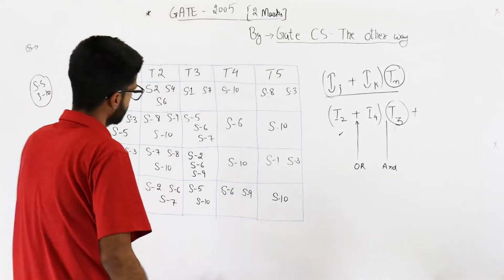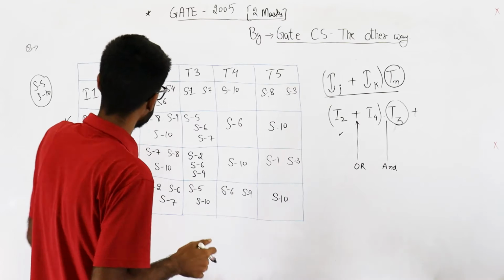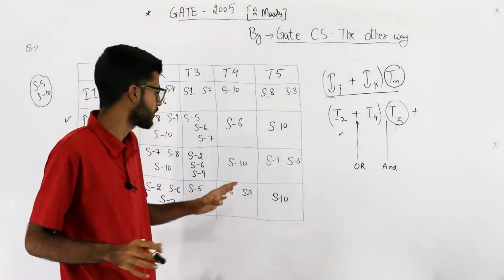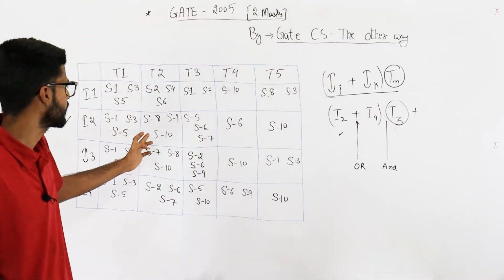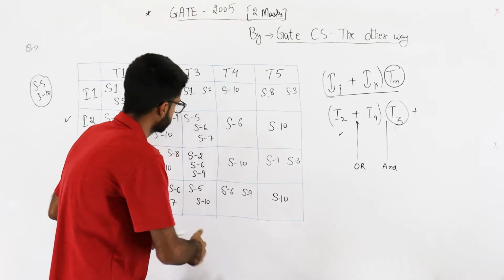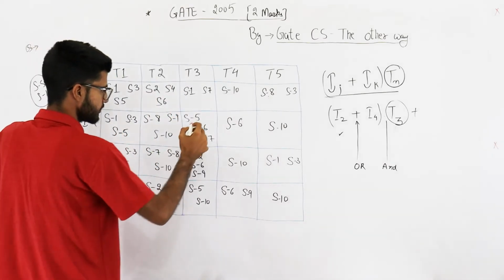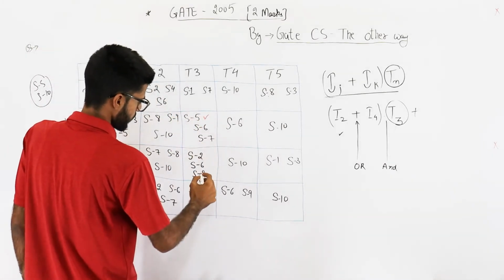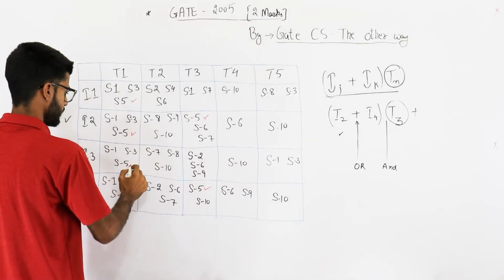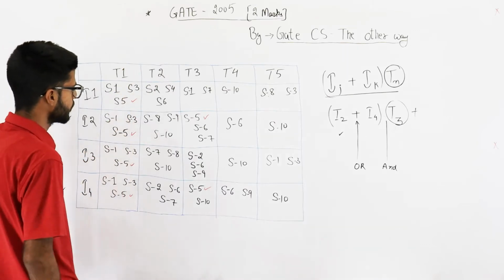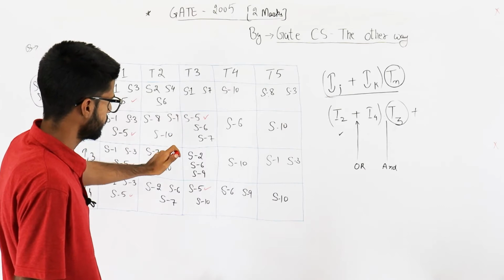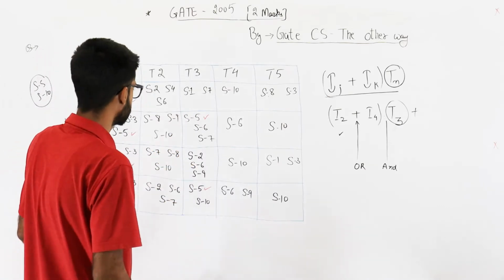Let's first identify where S5 is required. Actually, this question is all about identifying where you can find S5 and S10. That's it. It's a cakewalk. You can see S5 is here. S5 is present in the entire column number 1. Where else do we have S5? I think that's it.